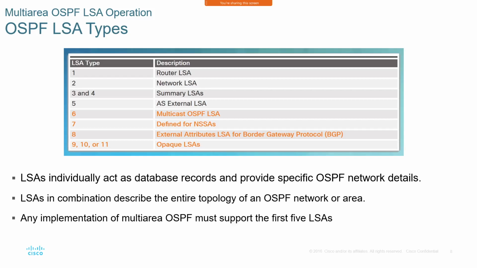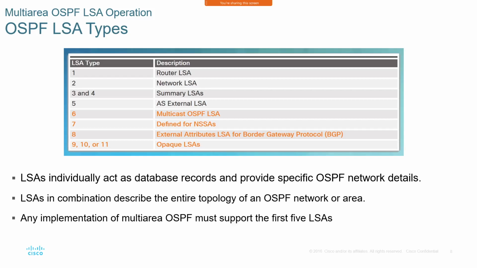Okay. LSAs individually act as a database record and they provide specific OSPF network details. LSAs in combination describe the entire topology of the OSPF network or area, and any implementation of multi-area must support the first 5 LSAs. If it doesn't support the first 5 LSAs, there is no way we can have multi-area OSPF, because they will not be able to advertise networks between different areas.